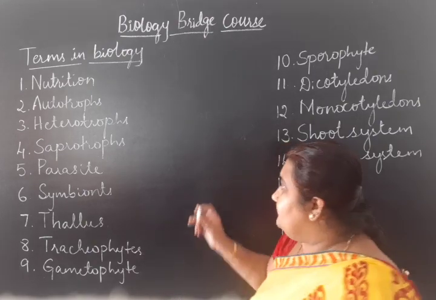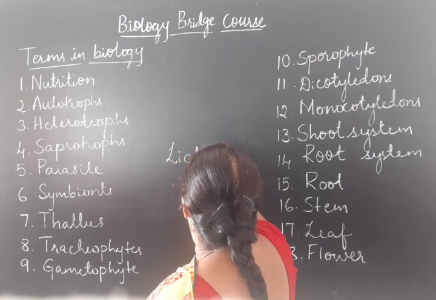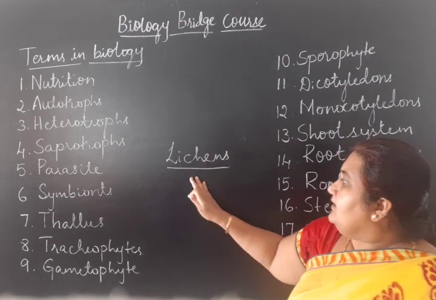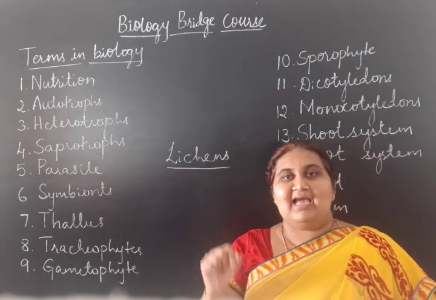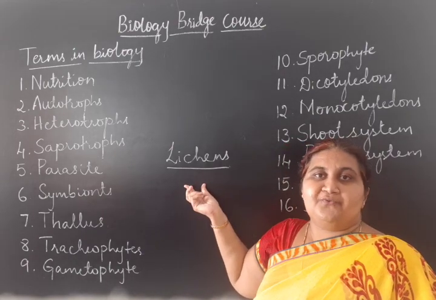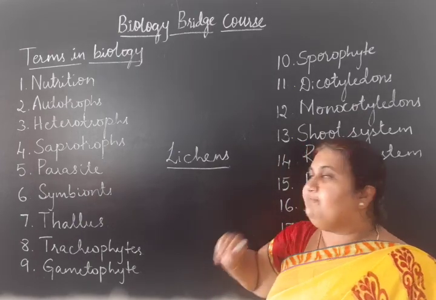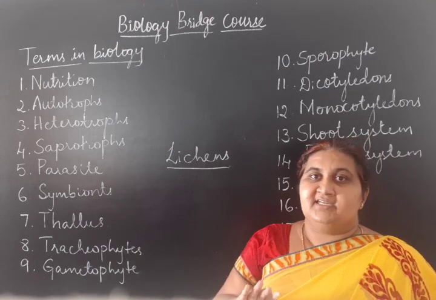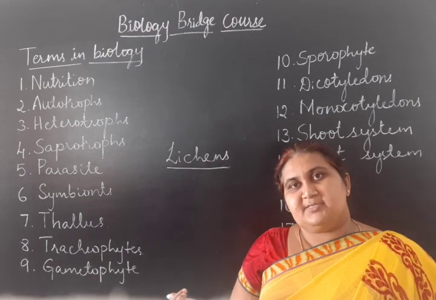For example, lichen is a symbiotic association between algae and fungi, where algae is autotrophic in nature, which prepares the food not only for itself but also for the fungi. So algae provides the food for the fungi, and the fungi is benefited.